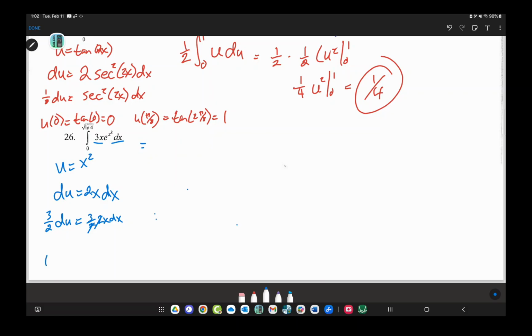What is u to the 0 power? What is 0 squared? 0. What is u to the square root of the natural log of 4? What is that squared? Natural log of 4.